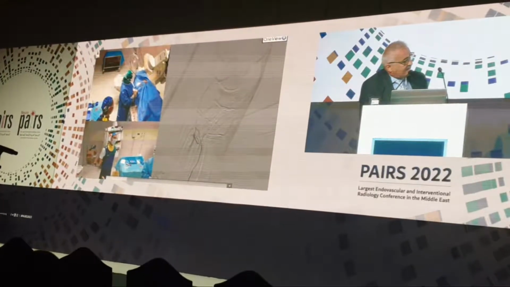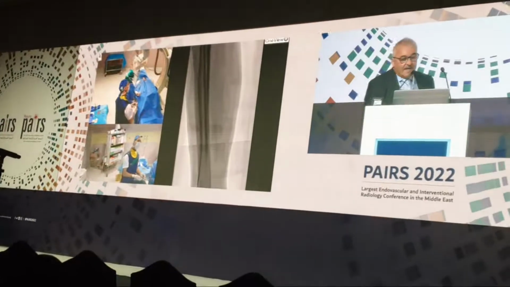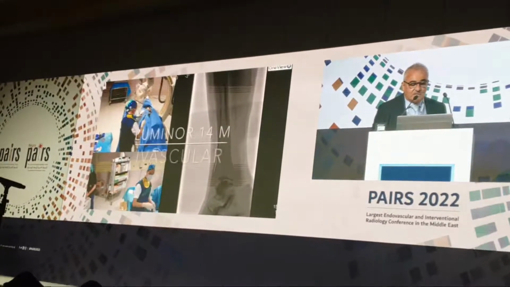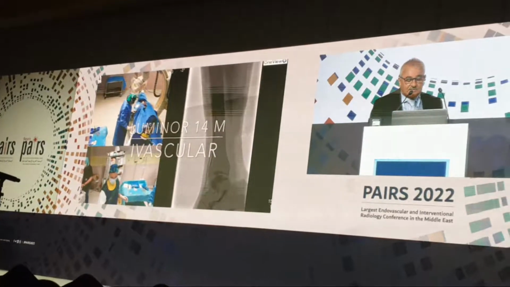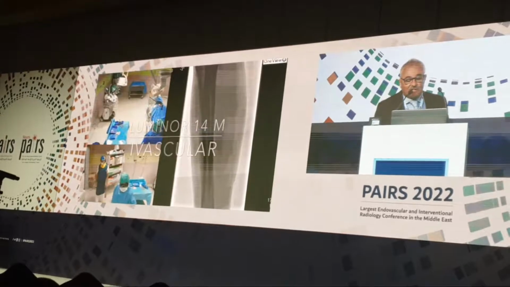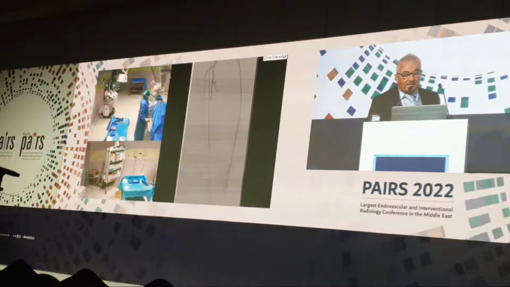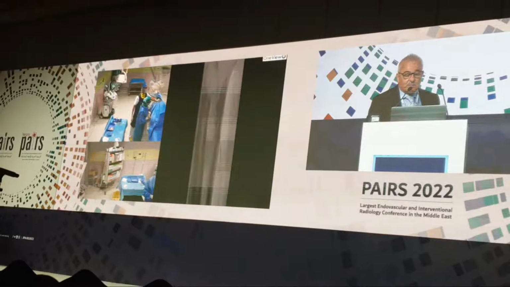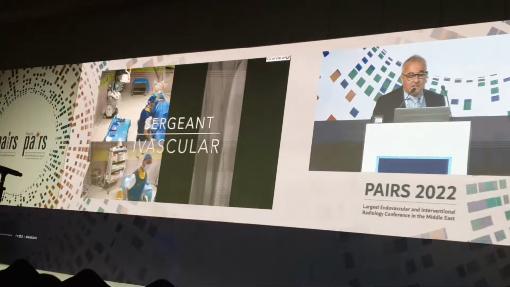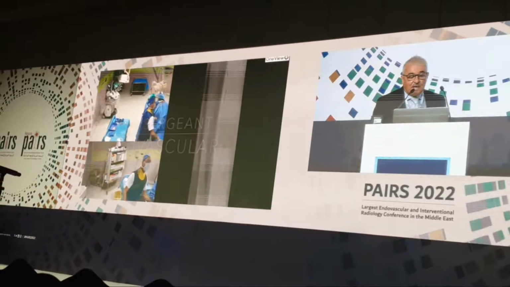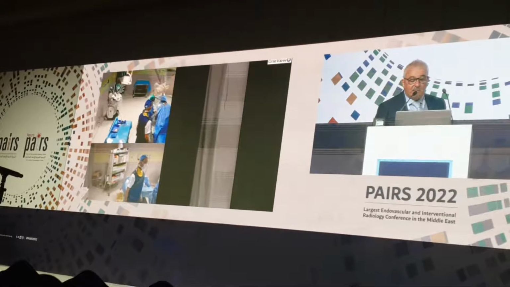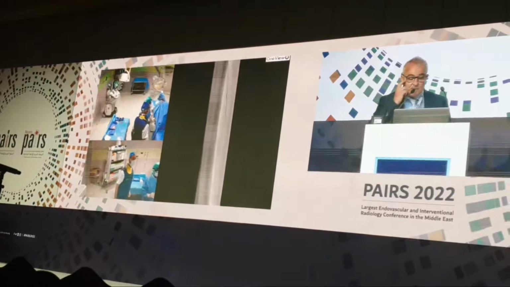So this is the anteroposterior view, and you can see we decided to use the Surgeon 1.4 for the navigation, and after the pre-dilatation we decided to treat the anterior tibial artery with a long 3 millimeter Luminor balloon. Again, with the 1.4 system, the microcatheter 1.4 together with the wire.